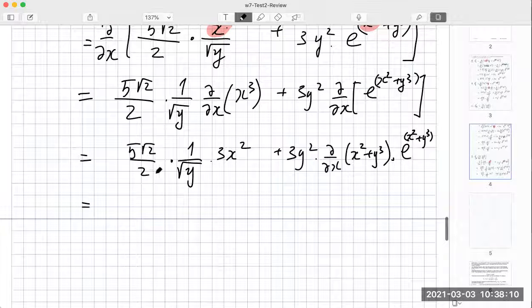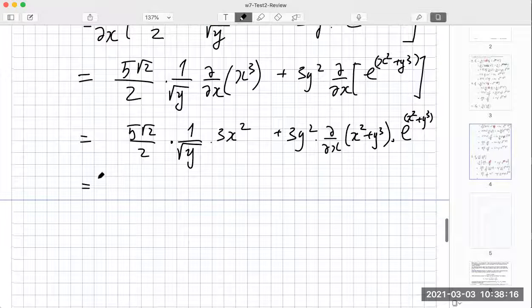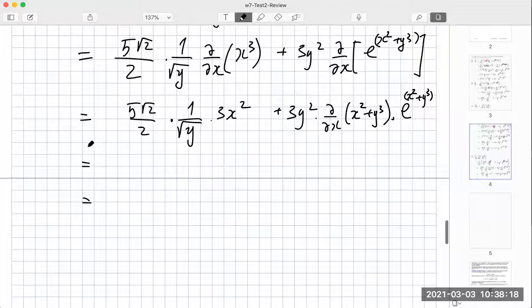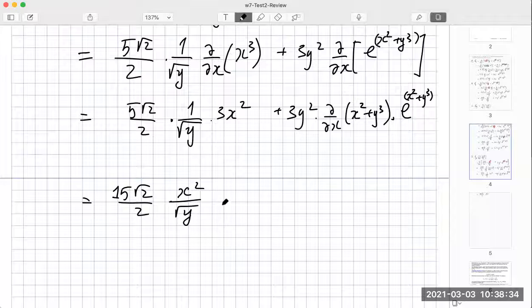Then this guy, we can simplify it. It is 5 square root of 2 over 2. Yeah, 5 times 3 will be 15, x squared over square root of y.